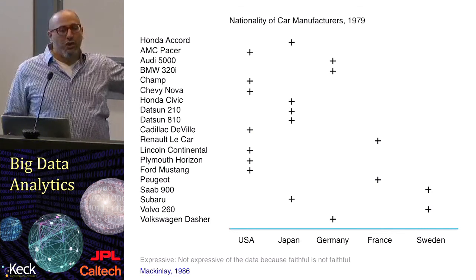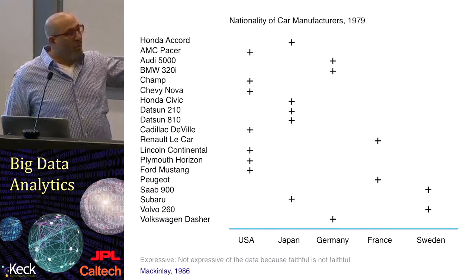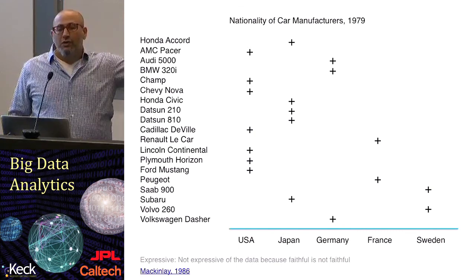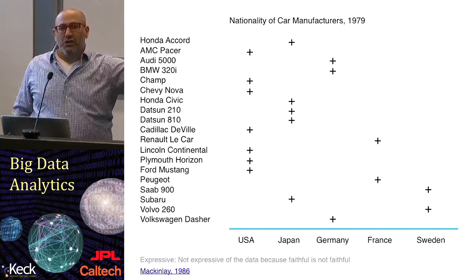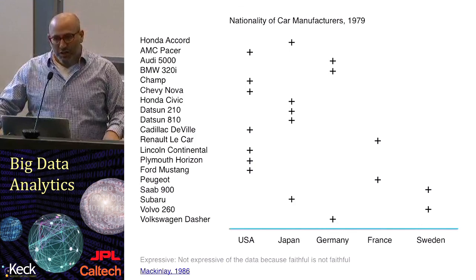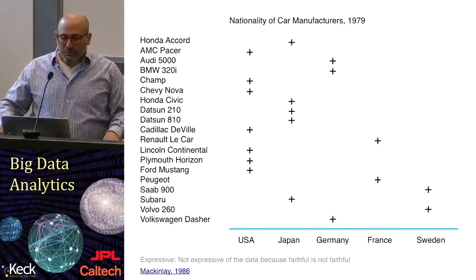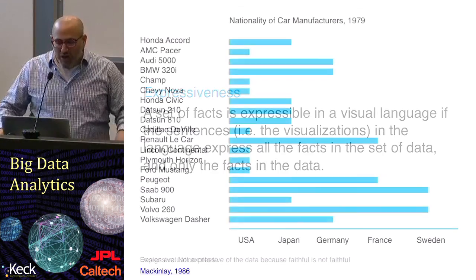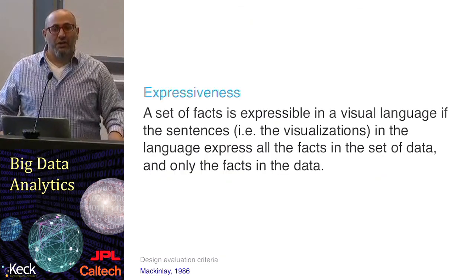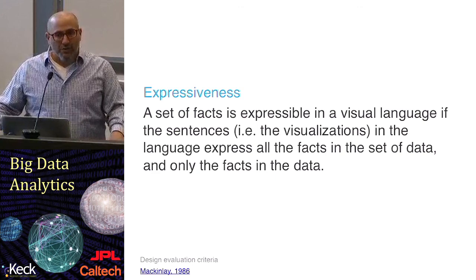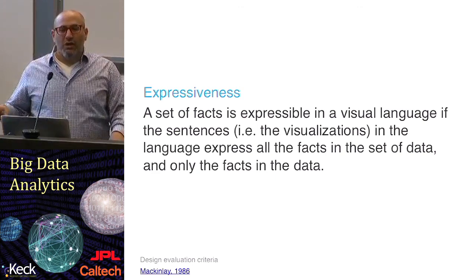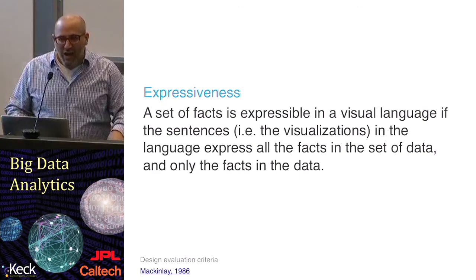So when you show them using a bar chart like that, you give the false impression that there's meaning in the data that implies a magnitude that's not there. So this graph is not expressive in the way that McKinley describes it, because it's communicating information that's not actually there.